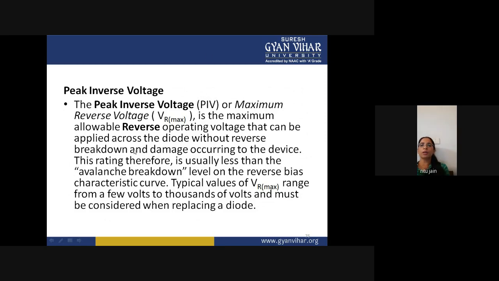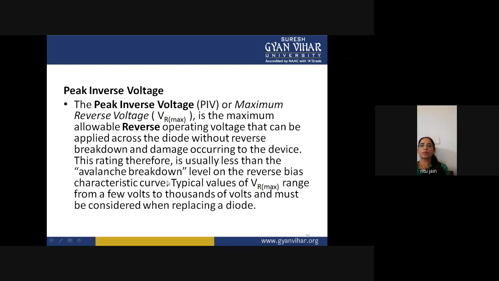So the rating is usually less than the avalanche breakdown level on the reverse bias. Like if the reverse breakdown voltage is, suppose, 15 volt, then the rating of that signal diode will be 14, which is always less than its peak inverse voltage or reverse breakdown voltage, to avoid damage occurring to the device.